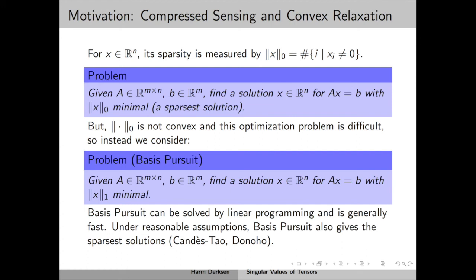Why the L1 norm? Why not say the L2 norm? It's linear programming, not quadratic programming. If you take the L2 norm, then it's no longer true that you find the sparsest solution.